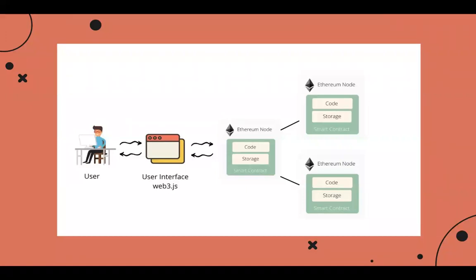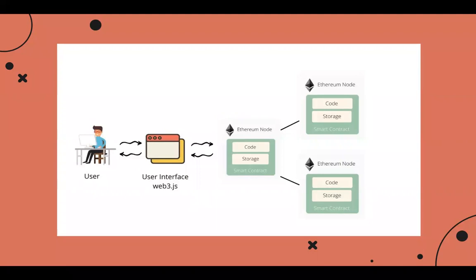So the API takes the whole data from the user and passes it on to the backend server. That's the API in Web2, and in Web3 we have Web3.js or Ethers.js, a similar kind of API that is connected to RPC endpoints. RPC endpoints connect you to the Ethereum nodes or EVM nodes.